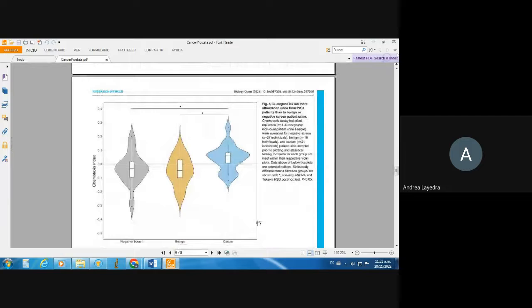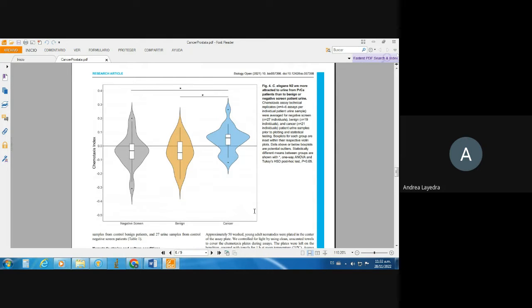In this figure, after the chemotaxis index for each patient was averaged, urine from cancer patients elicited generally positive average chemotaxis index compared to urine from benign and negative screen individuals. Here you can see that the positive values are in the samples of patients with cancer.